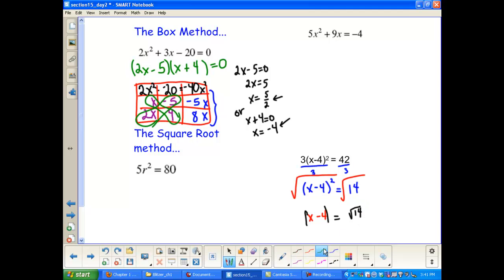To remove the absolute value, you put a plus and a minus on the other side.